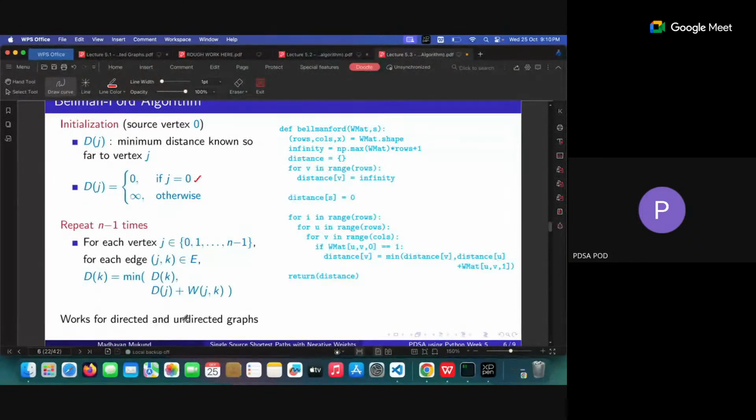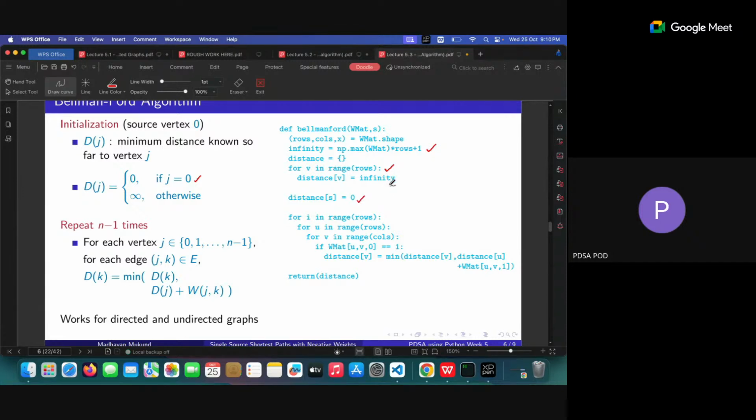It works for directed and undirected graphs also. Please remember that every time the updating is done. We set infinite values to the distances, and the first vertex is set to 0.